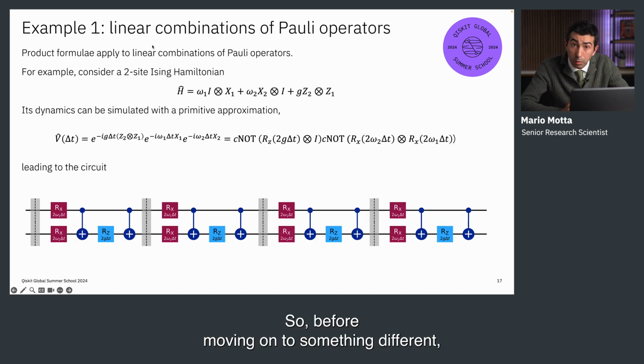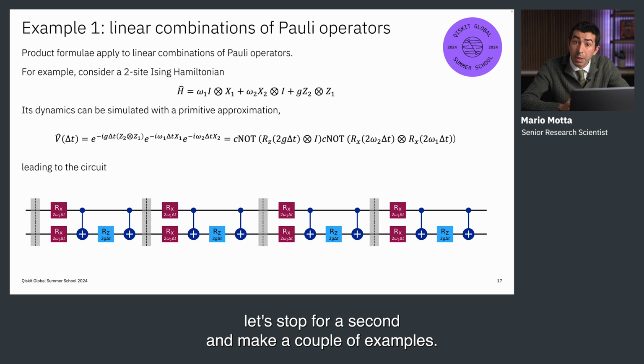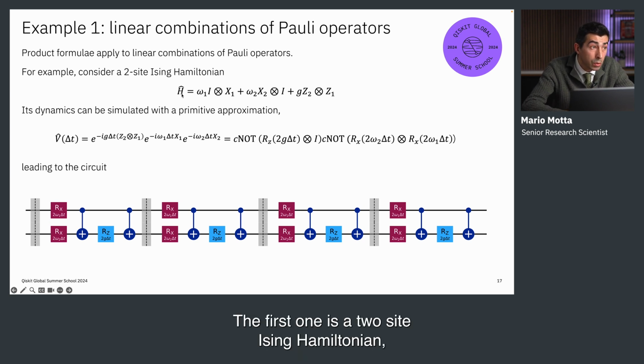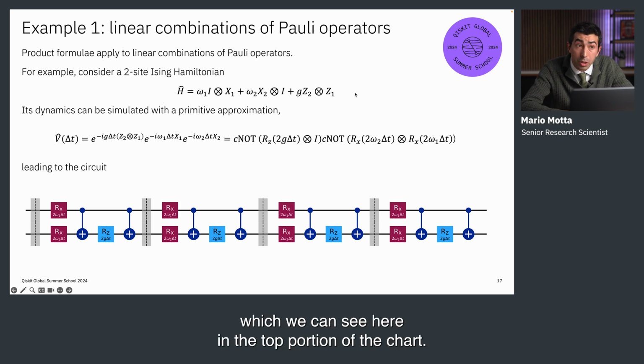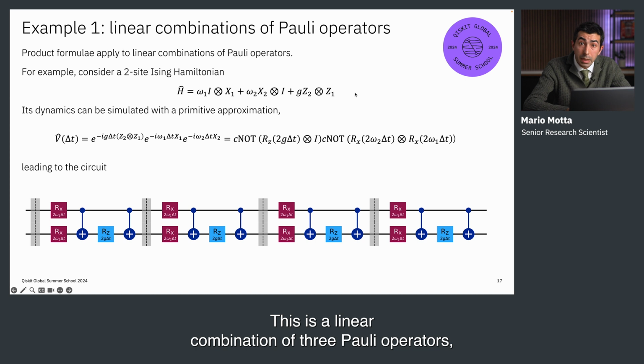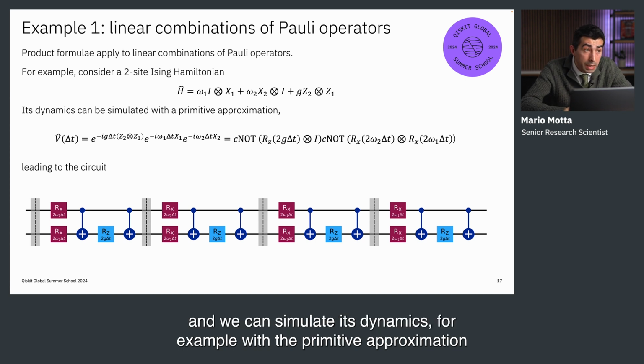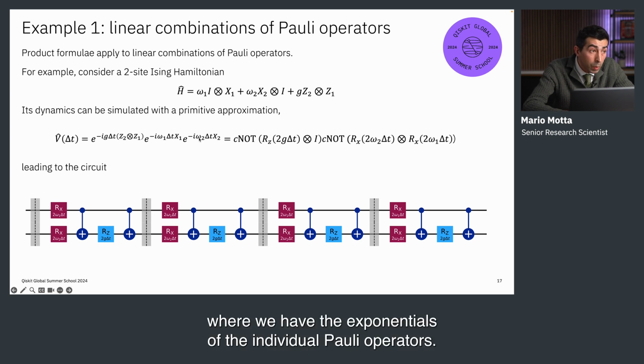So before moving on to something different, let's stop for a second and make a couple of examples. The first one is a two-site Ising Hamiltonian, which we can see here in the top portion of the chart. This is a linear combination of 3 Pauli operators, and we can simulate its dynamics, for example, with the primitive approximation, where we have the exponentials of the individual Pauli operators.